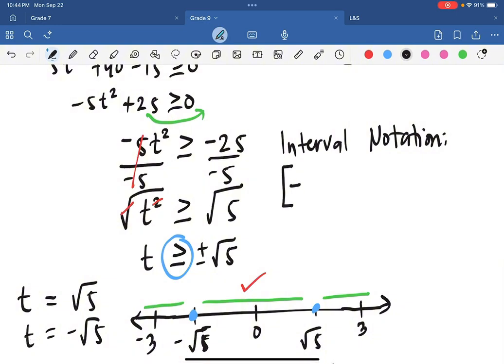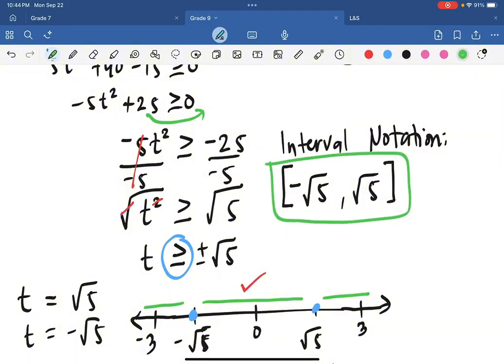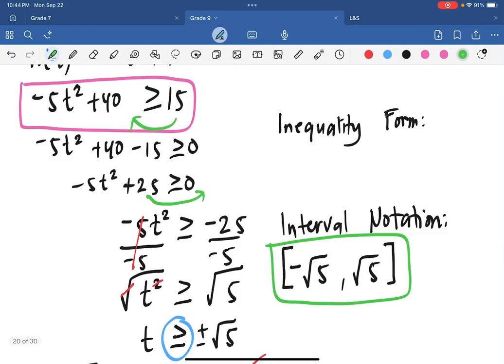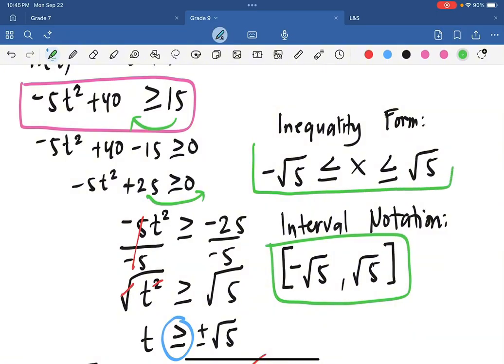So negative square root of 5 and square root of 5. And this is our answer for the interval notation. Okay, now for the inequality form, we have x is greater than or equal to negative square root of 5, but less than or equal to square root of 5. And that's it for number 2.